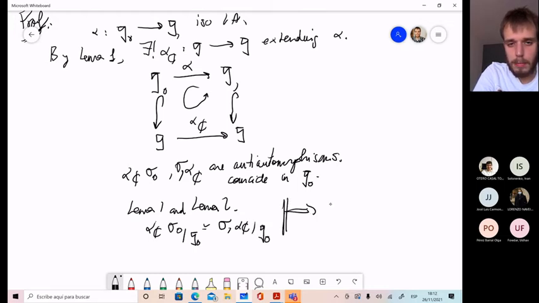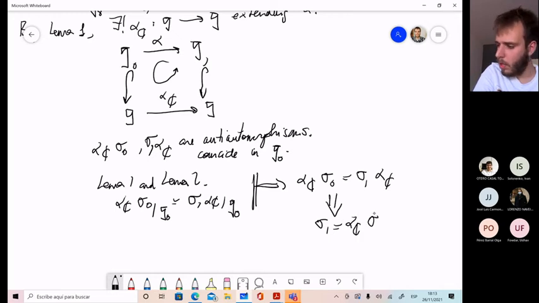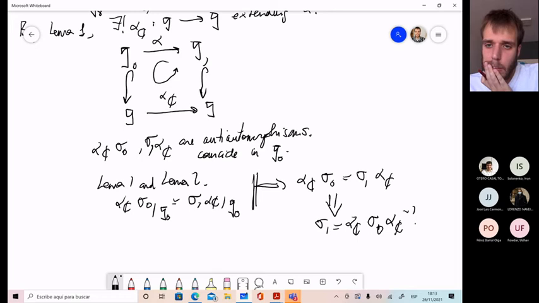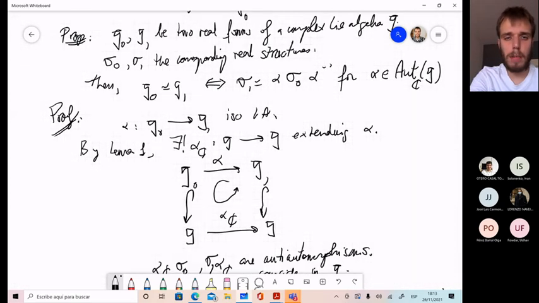So this implies that alpha C sigma 0 is equal to sigma 1 alpha C. And then we already have it, right? Because sigma 1 is equal to alpha C sigma 0 alpha C minus 1. Yeah. Okay, so this was the implication to the right.